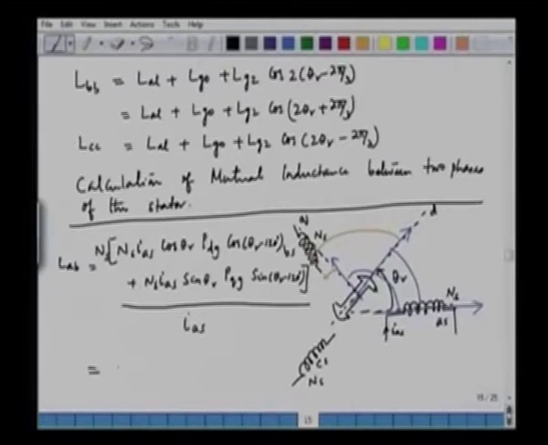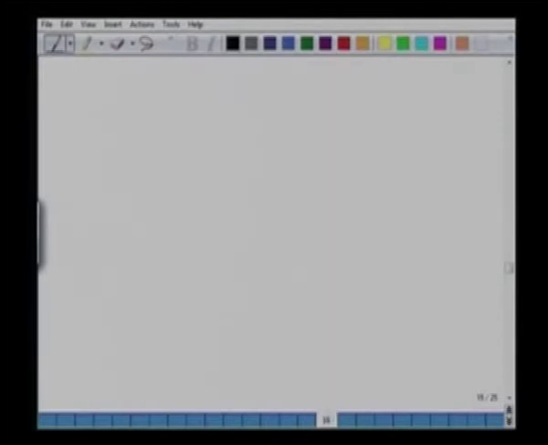That is equal to n square into minus of half Pgd plus Pqg by 2, plus, I can write down in the next slide, Pdg minus Pqg by 2 into cos of 2 theta r minus of 120 or 2 pi by 3.